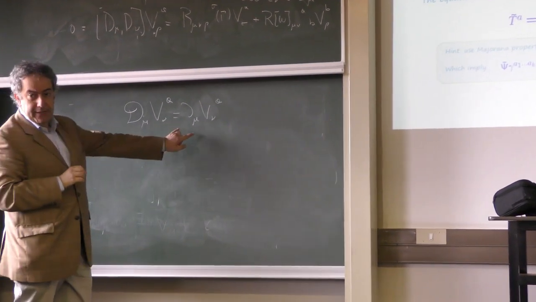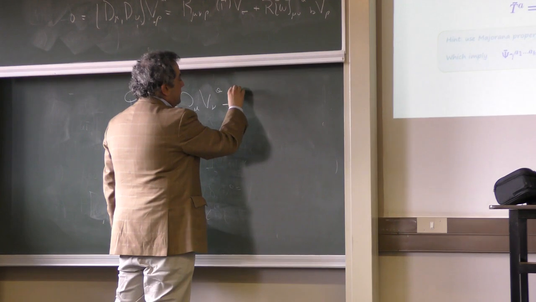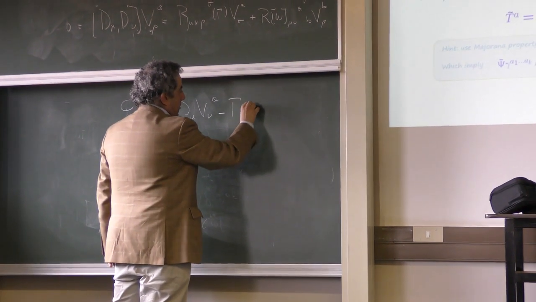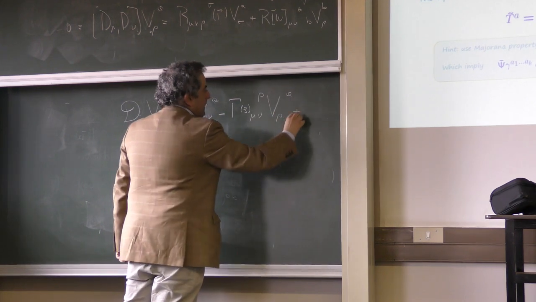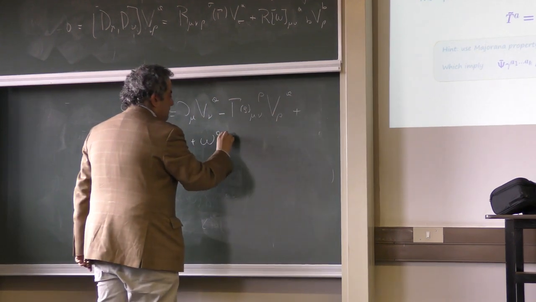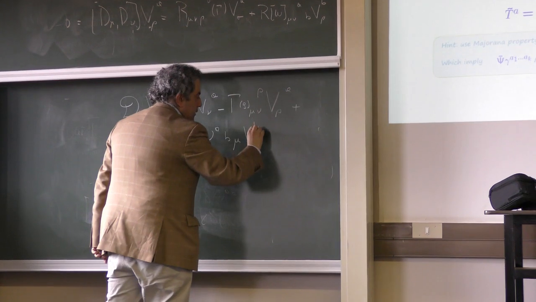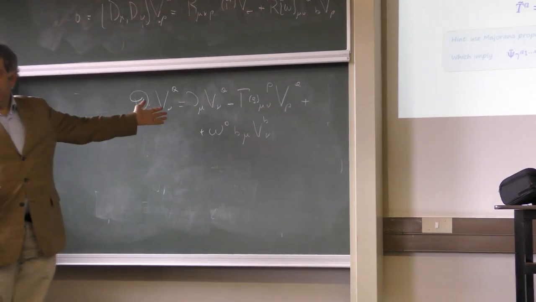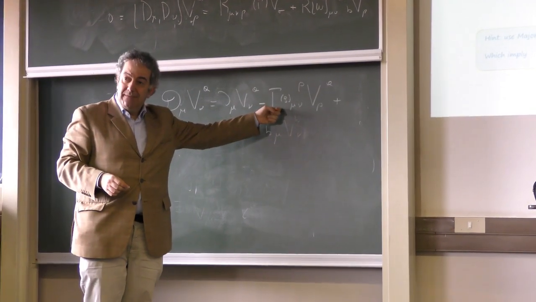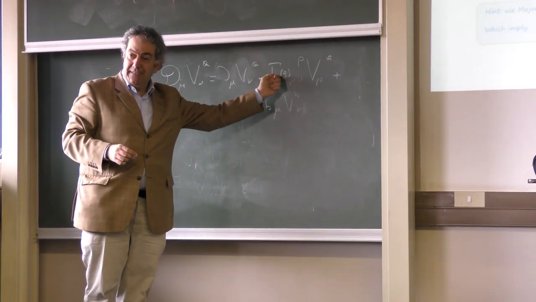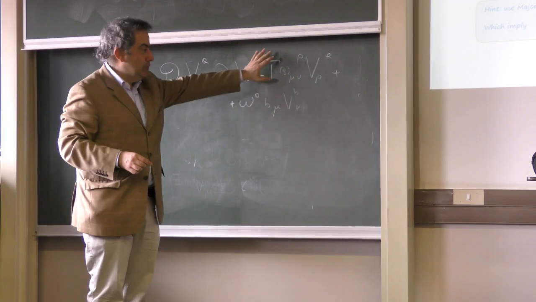I'm not anti-symmetrizing here. So minus gamma nu rho v rho a plus omega a b nu v b nu. This is the definition of T. Recall that this is the Levi-Civita connection. This is symmetric. There's no torsion here.